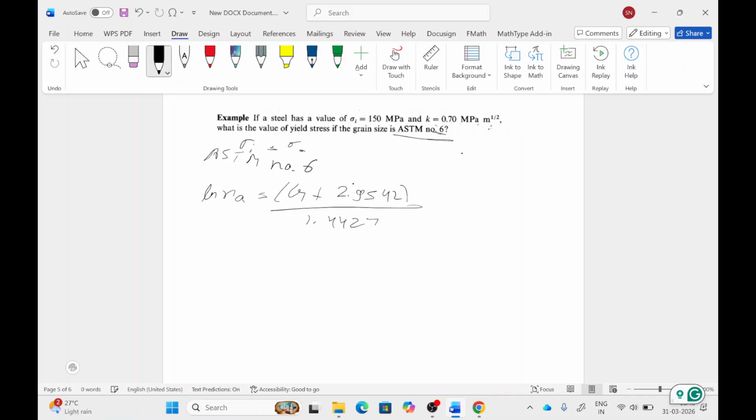So G is the ASTM number here. Na is the grain number, and the grain size is calculated as the square root of Na.